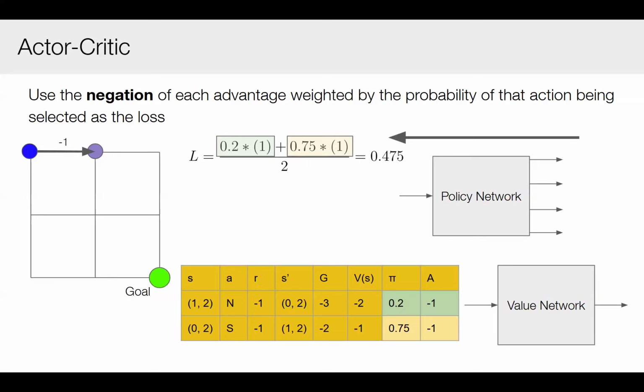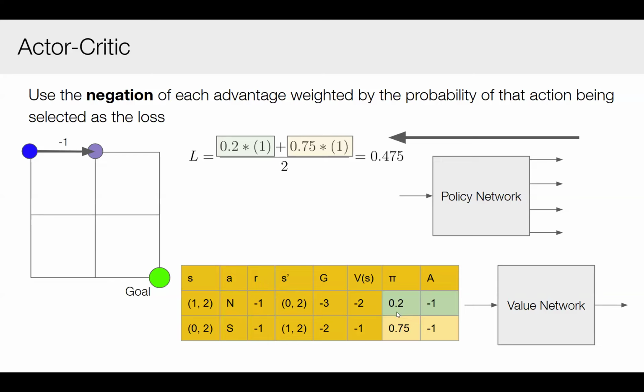So this probability of each action being selected kind of serves as an importance check of how likely that action being taken actually was. And as a result, how much that result should matter to the neural network. Does that make sense? Cool. Okay. So yeah, that basically is the last thing we need.